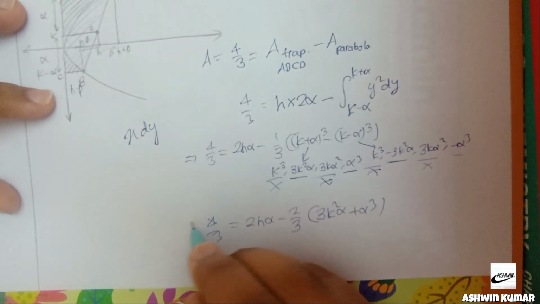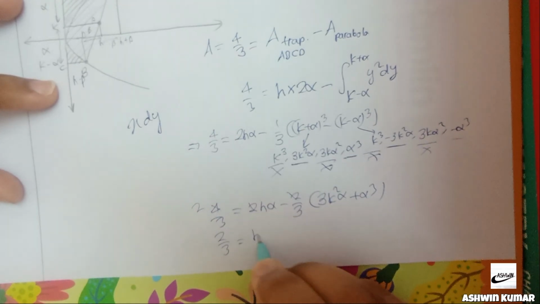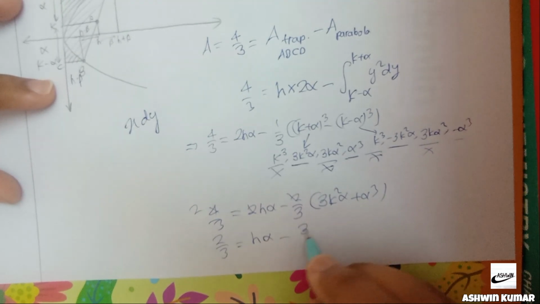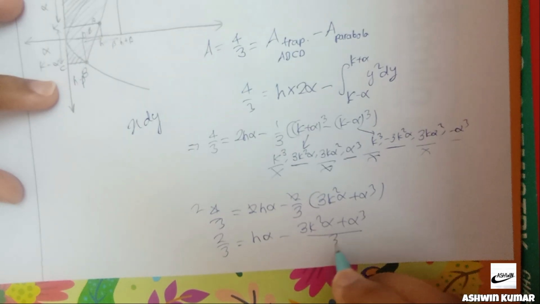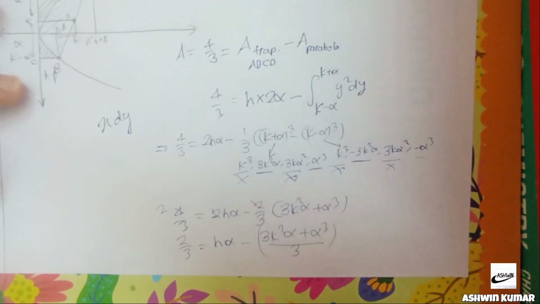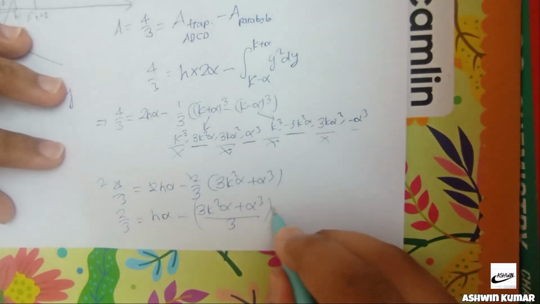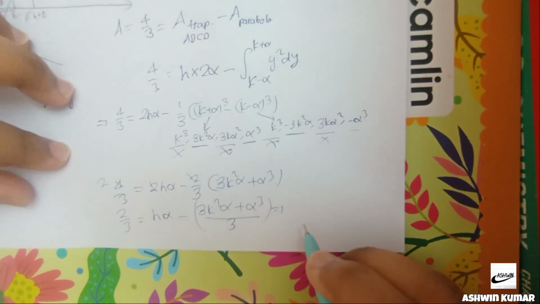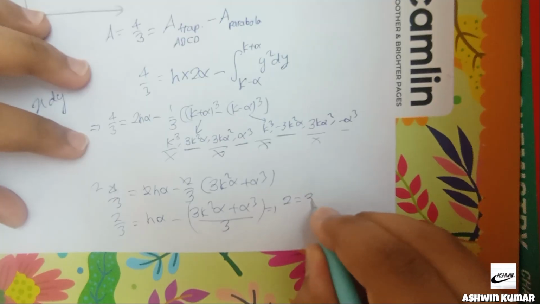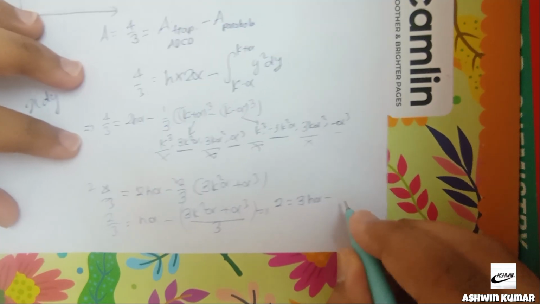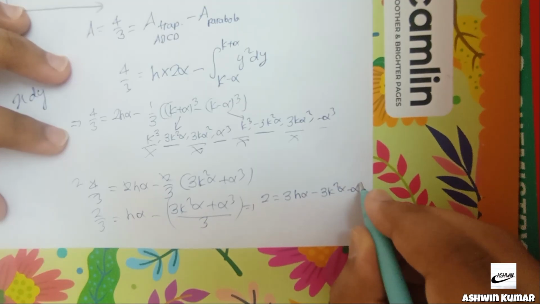Now if I cancel 2 everywhere, I get 2 by 3 is equal to h alpha minus (3k square alpha plus alpha cube) by 3. Taking 3 as the LCM, I hope you can see, it will be 2 is equal to 3h alpha minus 3k square alpha minus alpha cube.